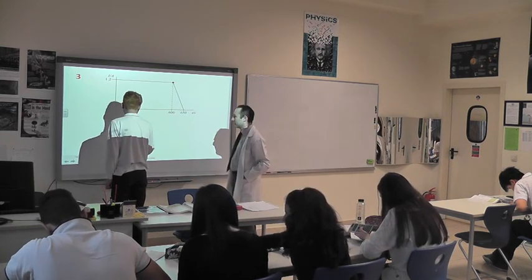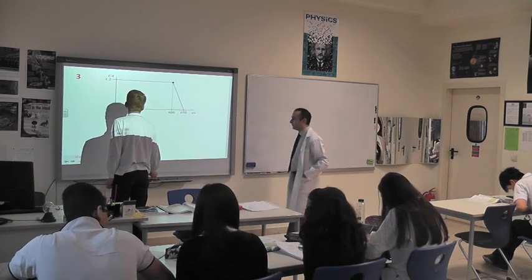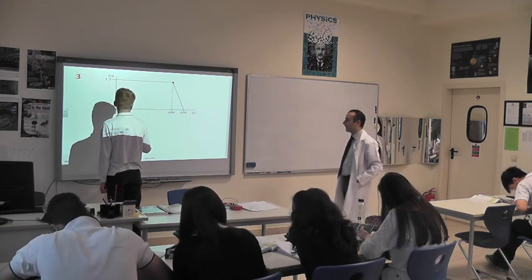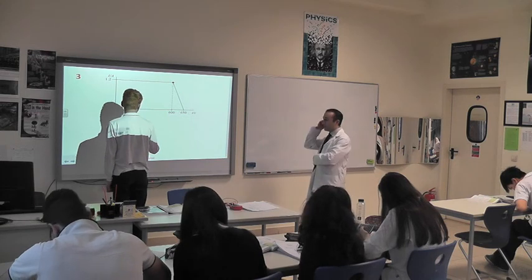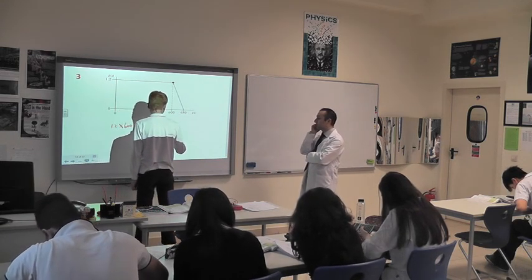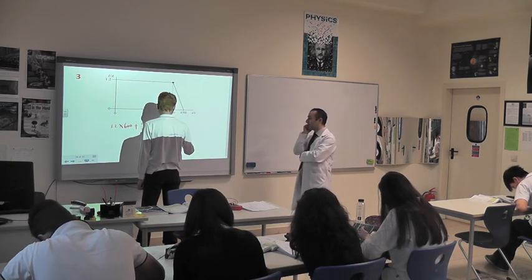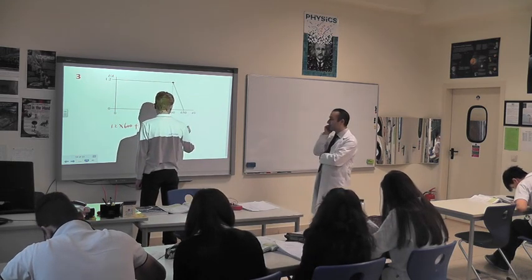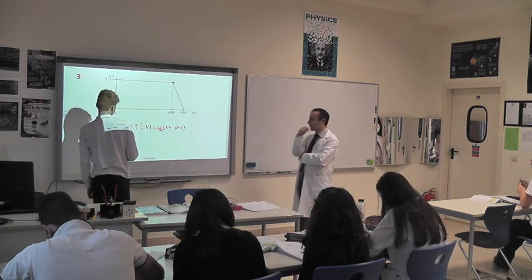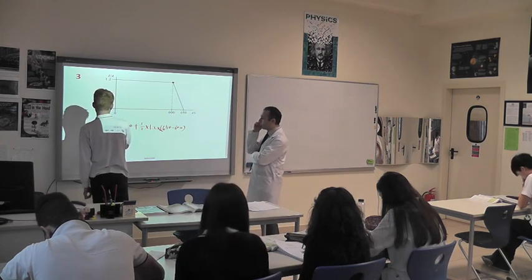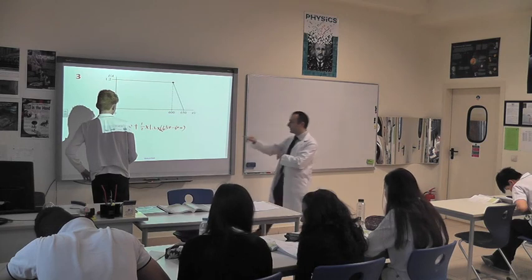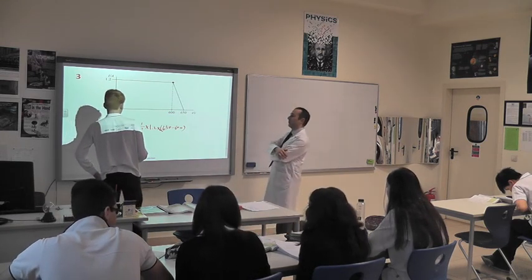Right? 750. Write Q first of all. Q, the total charge, is equal to that. Okay, you didn't write the units, but at least say at the end that it's coulombs.